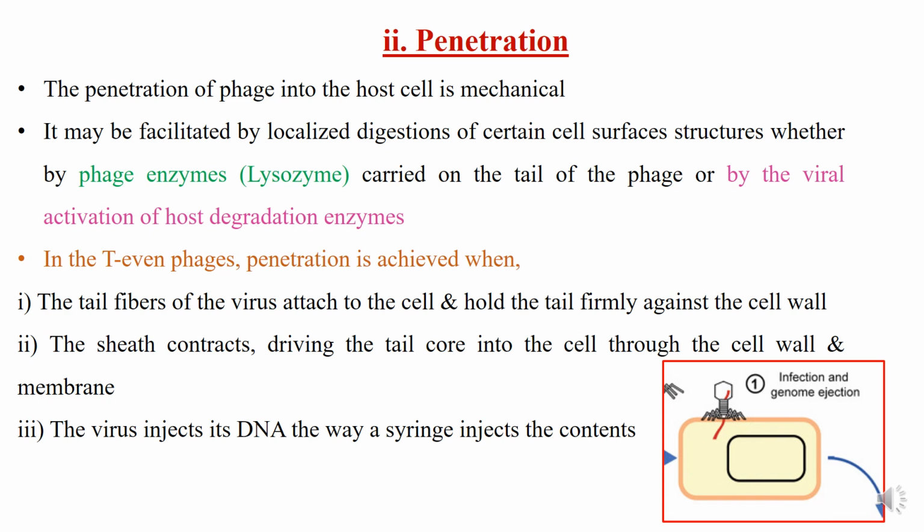Then the sheath contracts, driving the tail core into the cell wall and its membranes. Then the virus injects the DNA like a syringe; like that it injects its nucleic acid into the bacterial cell.